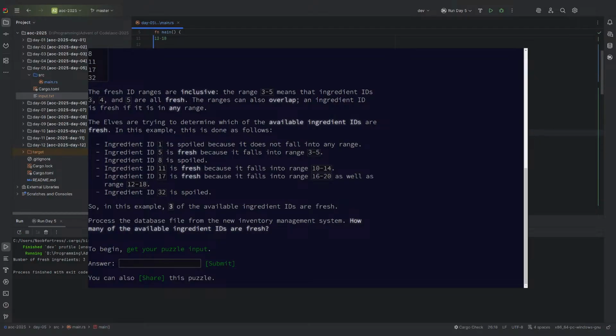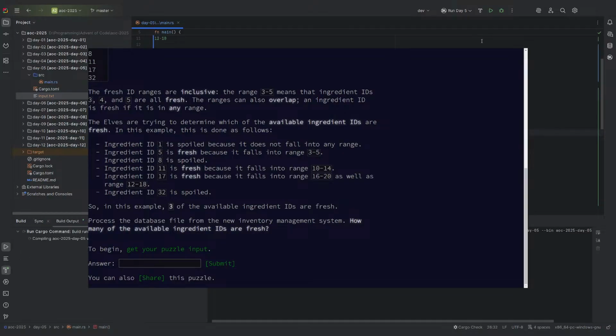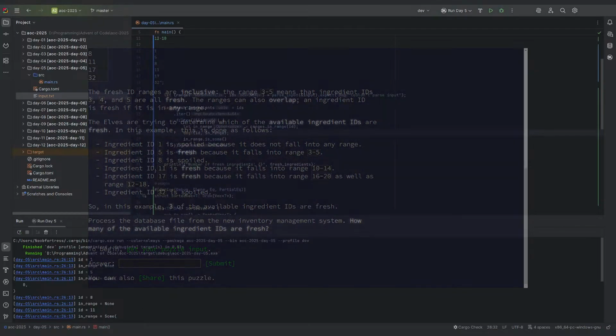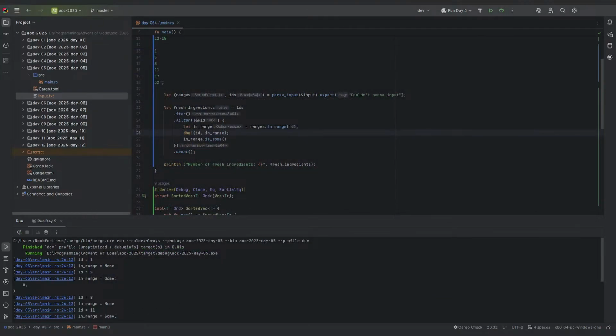So I can just say, okay, let's see. One. Okay, it does happen. Again, I forgot. Just added the debug statements in between.